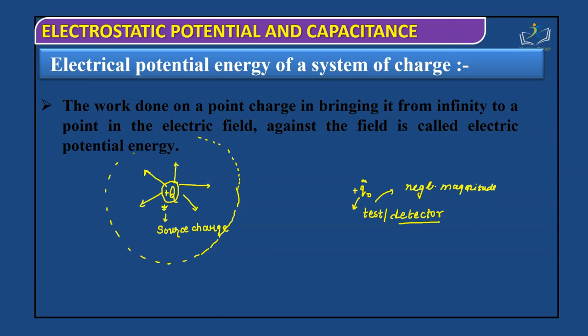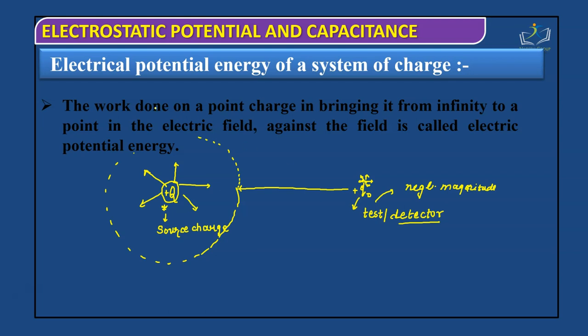Because of that, it has a very small electric field which cannot have any impact on the main source charge. But what will happen if this charge wants to interact with this field? This test charge will feel a repulsion.